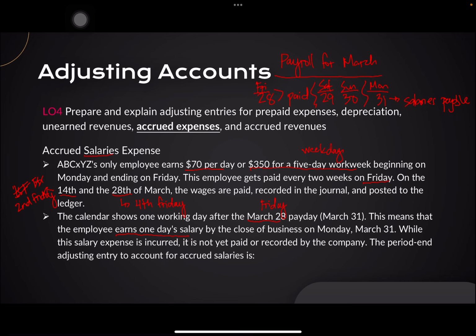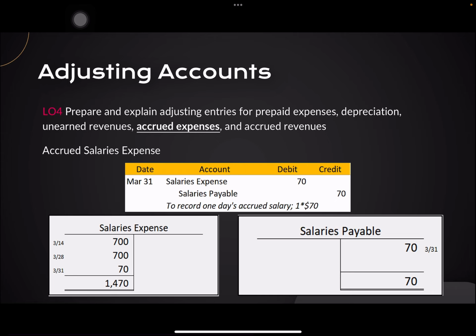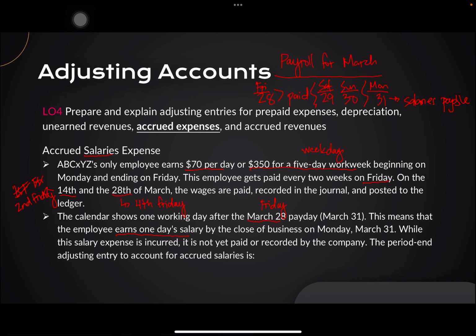So we need to perform an adjusting entry for this transaction. In order to do that, what you need to do is to get how much is the one day salary of an employee. And then the first bullet says here that an employee earns $70 per day.